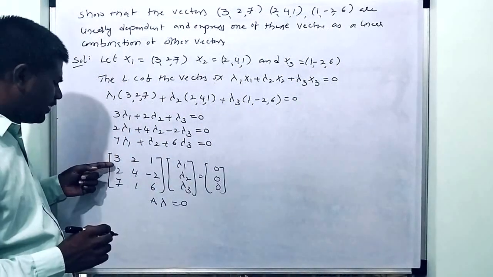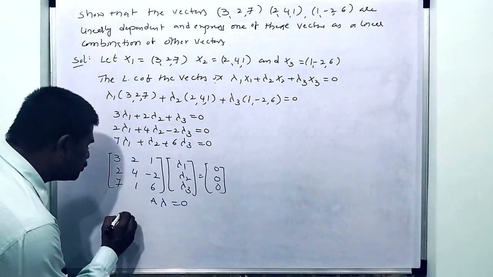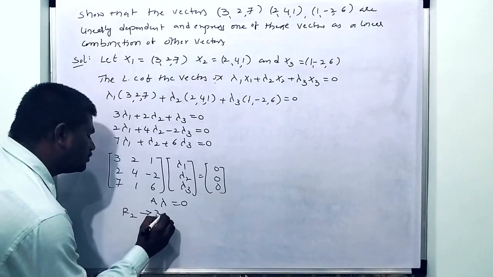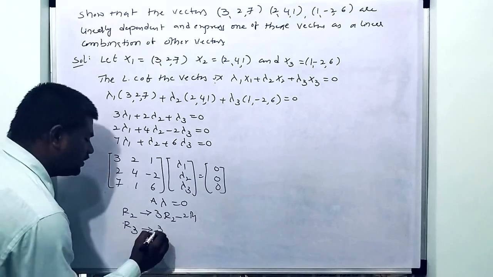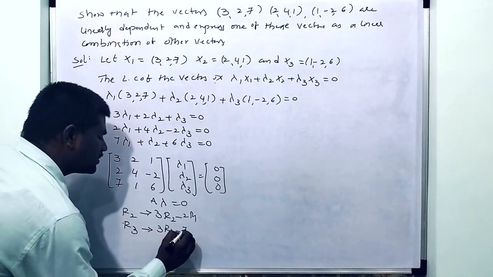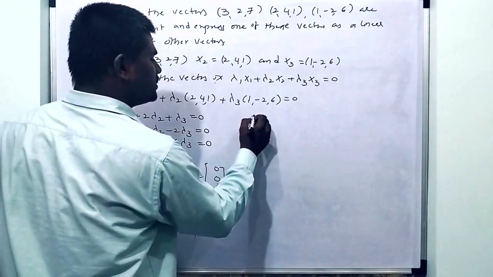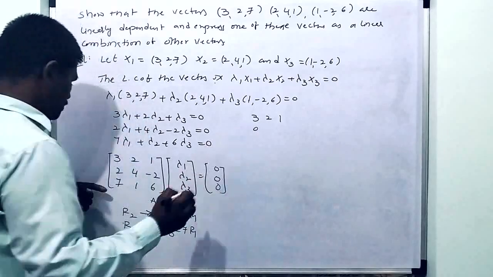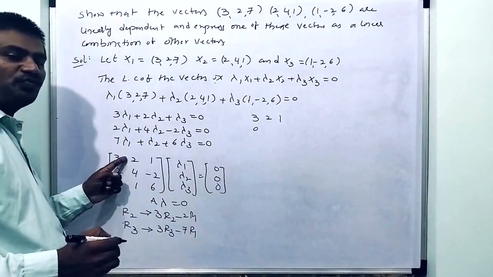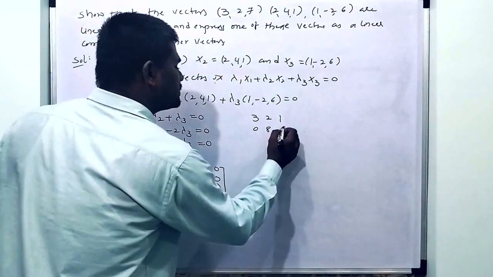Now use this element and make these two elements 0. That means R2 tends to 3R2 minus 2R1 and R3 tends to 3R3 minus 7R1. Then no change in the first row: 3, 2, 1. Then 6 minus 6 is 0, 12 minus 4 is 8, minus 6 minus 2 is minus 8.